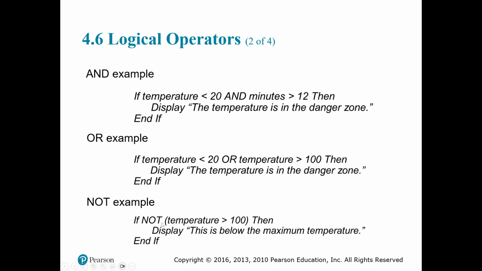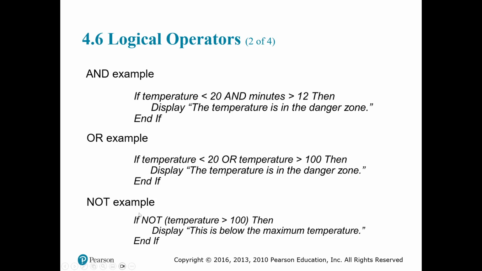So this is how the not logical operator works. And all it does literally is just flip the value of your condition. So for example, we look at the condition, temperature is more than 100. Let's say today the temperature is 75, right? So our temperature is less than 100. So this condition is false because our temperature is 75 and 75 is less than 100.